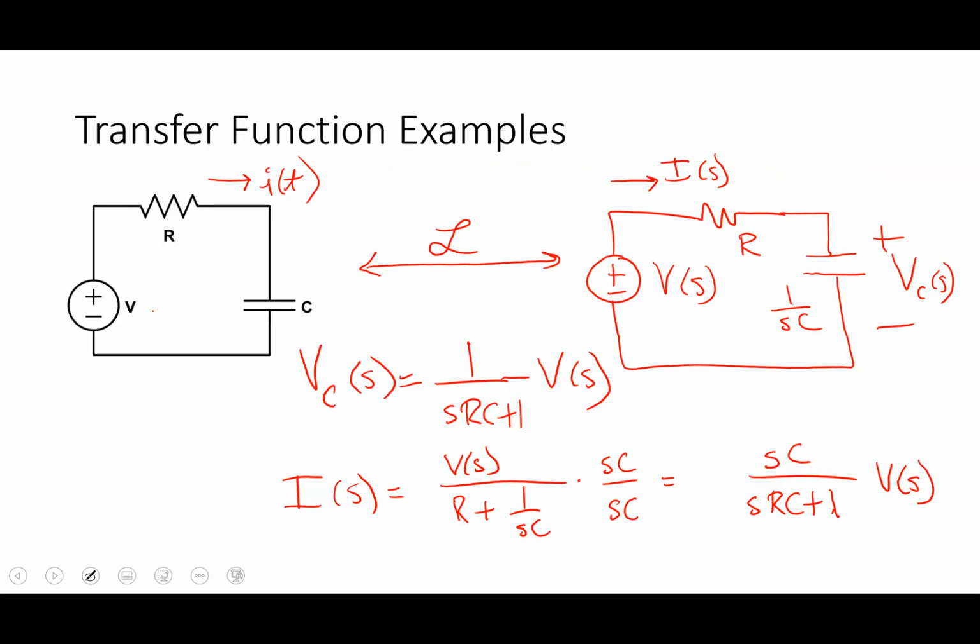So here I found a couple of different transfer functions. This one is from input voltage to capacitor voltage, and then there is a transfer function from input voltage to current. Those are two different transfer functions. They came from circuit analysis, because I was looking for two different outputs: in one case the capacitor voltage, in the other the current. I'll get a different transfer function depending on which thing I'm looking for.